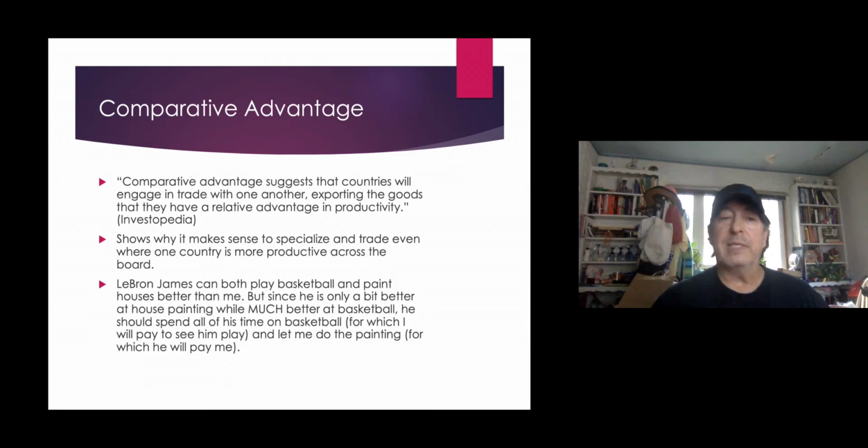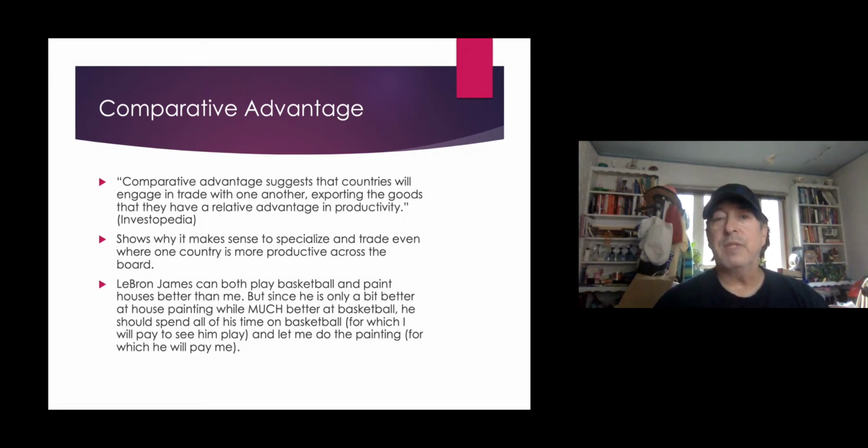So basically, comparative advantage says LeBron should spend not half his time house painting and half the time playing basketball. Instead, he should focus all his time on basketball, and I can give up basketball and go watch him play, right? On the other hand, I can do the house painting, and he can pay me to do that.